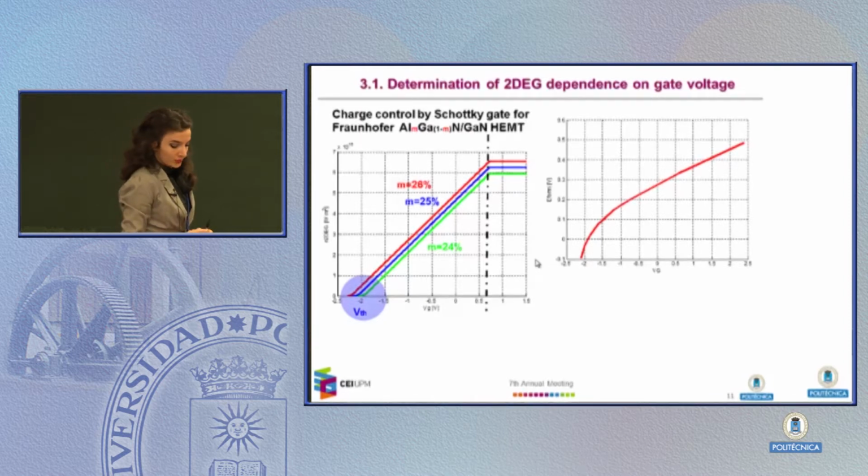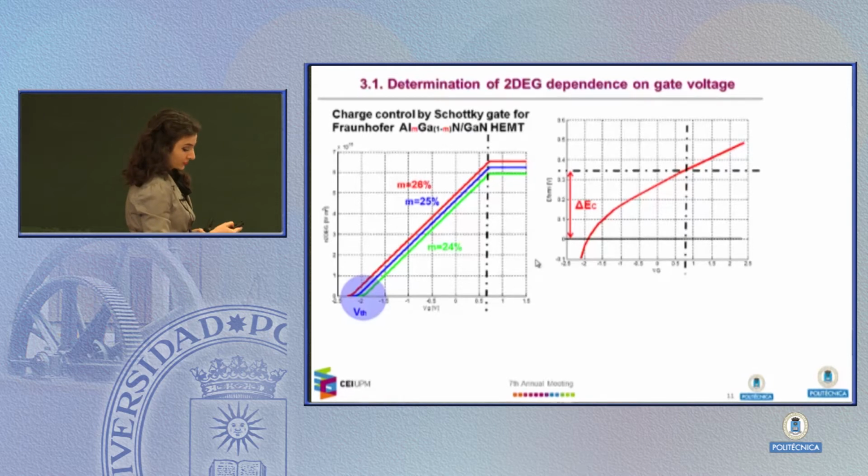Why does that happen? Well, our Fermi level, when we apply the gate voltage, actually this is its dependence on it. So at one point, for a gate voltage around 0.7, our Fermi level is going to become equal to the height of the quantum well.